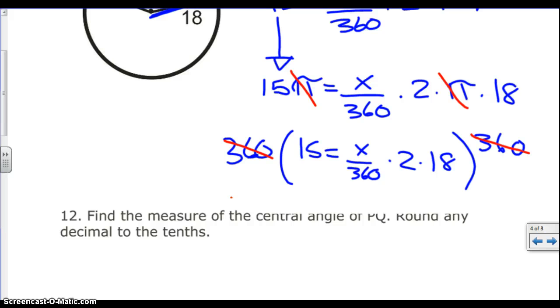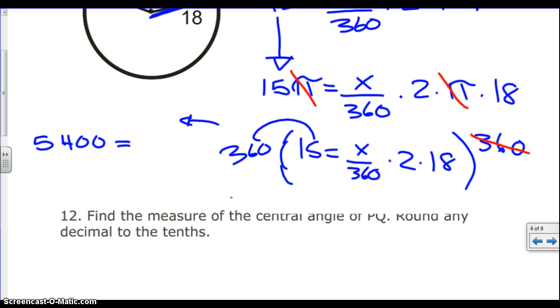The 360 on the right goes away, and on the left we're left with 360 times 15. Then we do that in our calculator. Hold on a second, scholars. It is, what is it, 5,400? 5,400, is that right? Yeah, you nailed it.